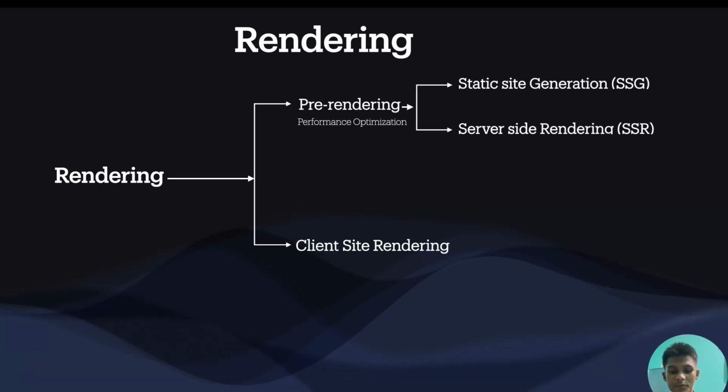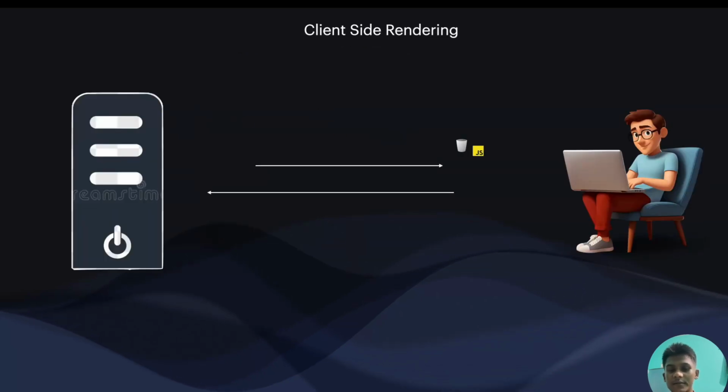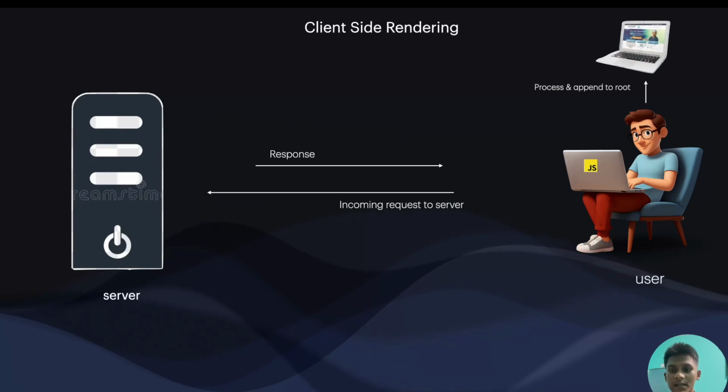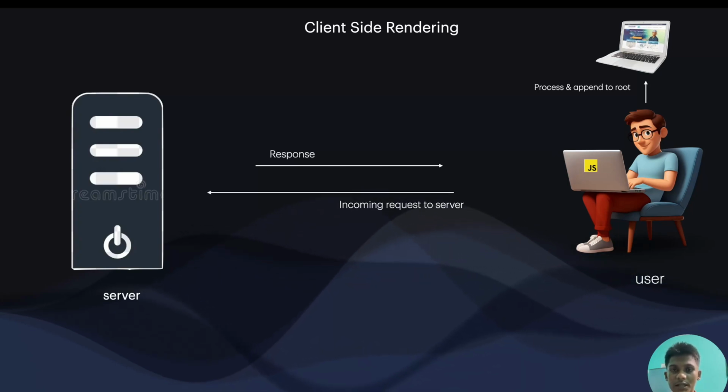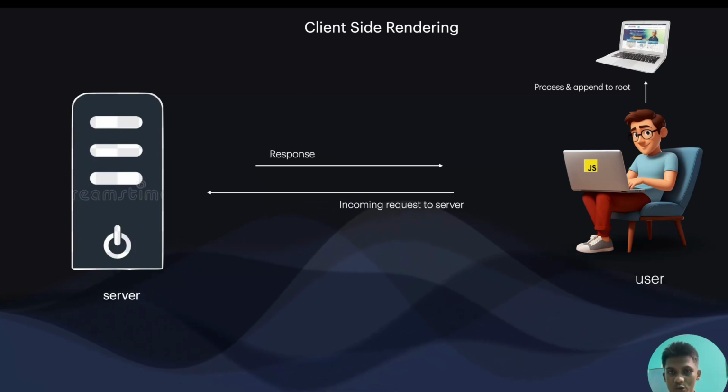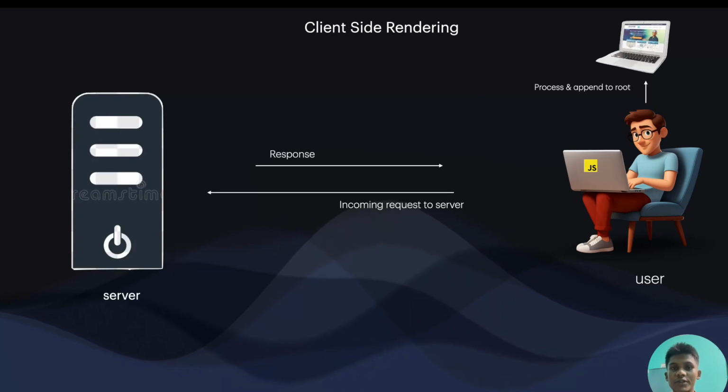In simple terms, when a user visits a website, the server sends a JavaScript file and a root container. Then React builds up the whole web page based on the user interaction. This whole process happens inside the user's browser, so this is called client-side rendering.